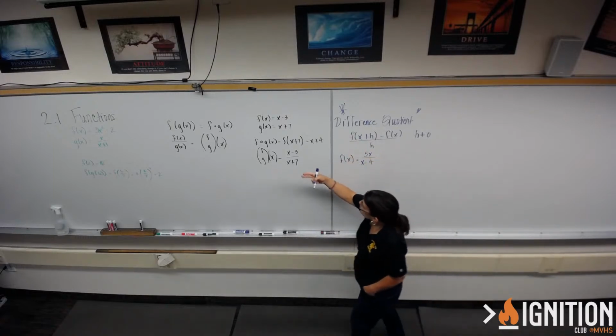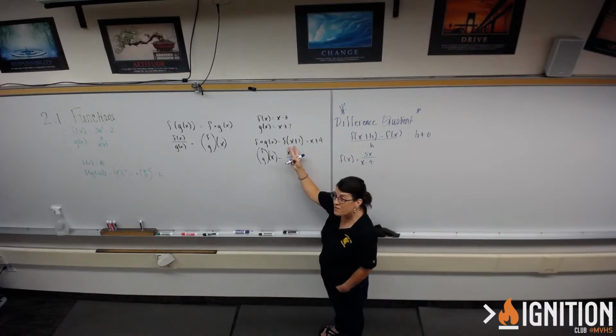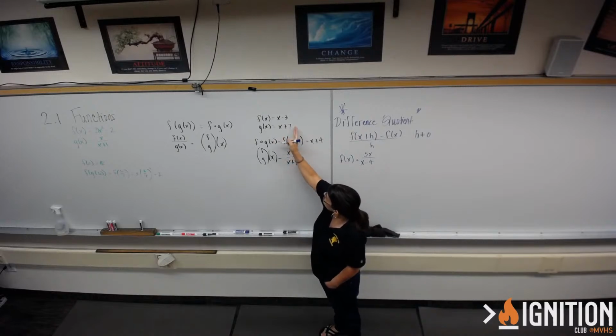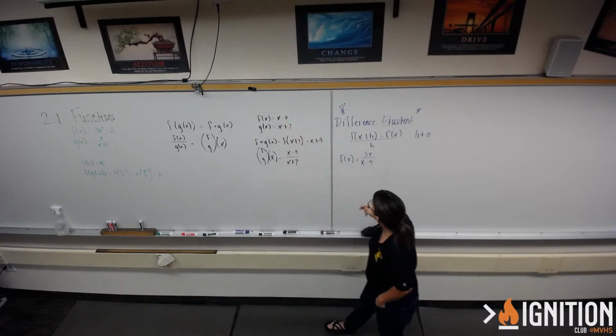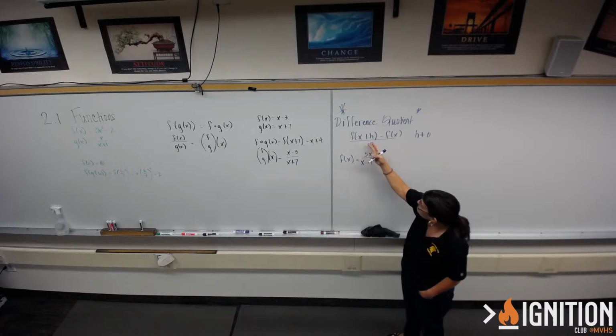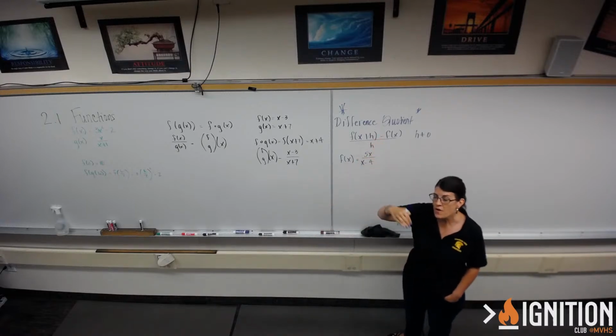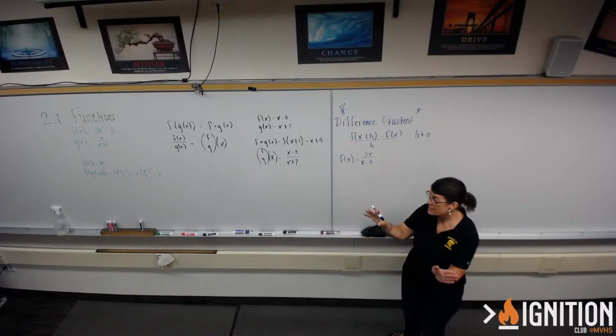Okay, so when I wanted you to find the f of x plus 7, you plugged x plus 7 into the f function. So if I want you to find the f of x plus h, I'm going to plug x plus h into the function, not h, x plus h.